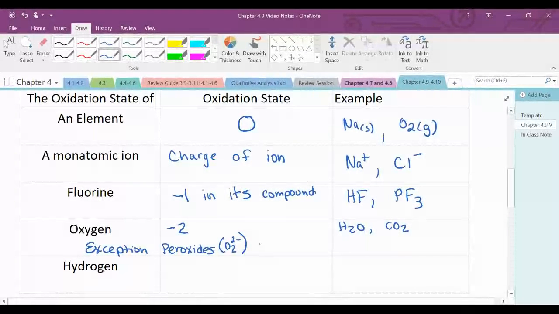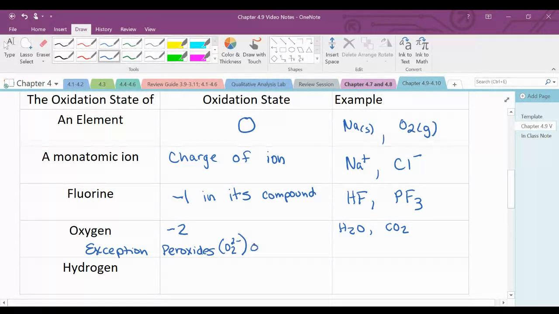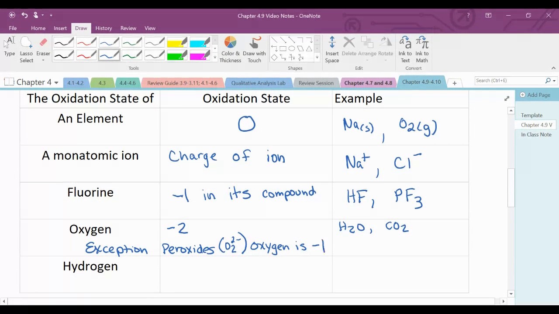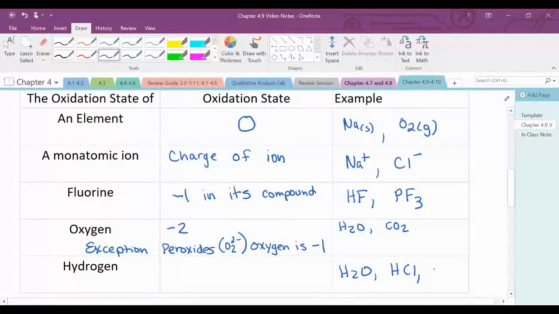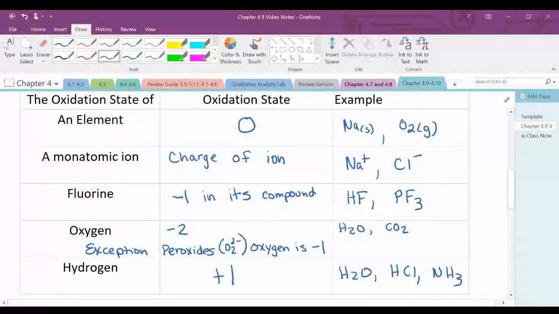In this case, oxygen is a -1. And then hydrogen, for example, in water, or in hydrochloric acid, or the hydrogens in ammonia, would be assigned a +1.